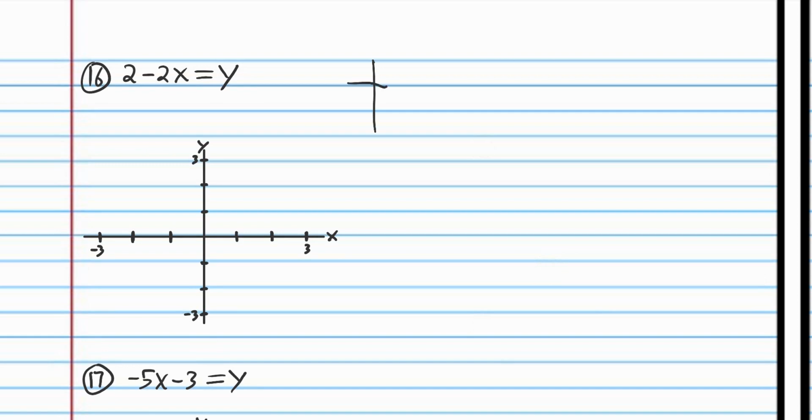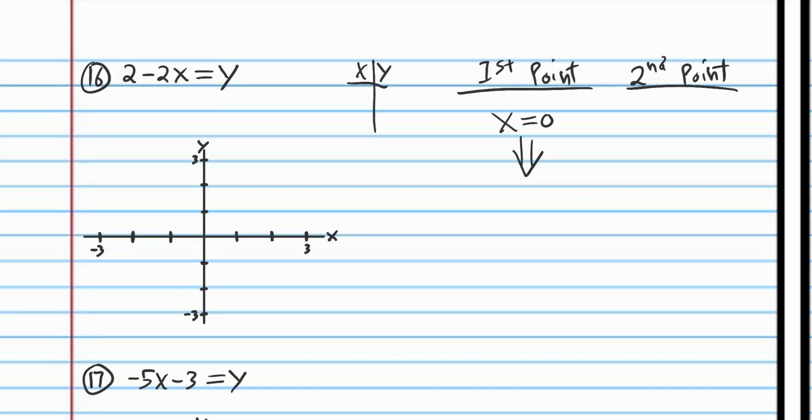All right, we're back. Y is isolated, so we should plug in x first. That'll make it easier. -1, 0, and 1 are usually the easiest values to use. Mark that point. 0, 2 is here.